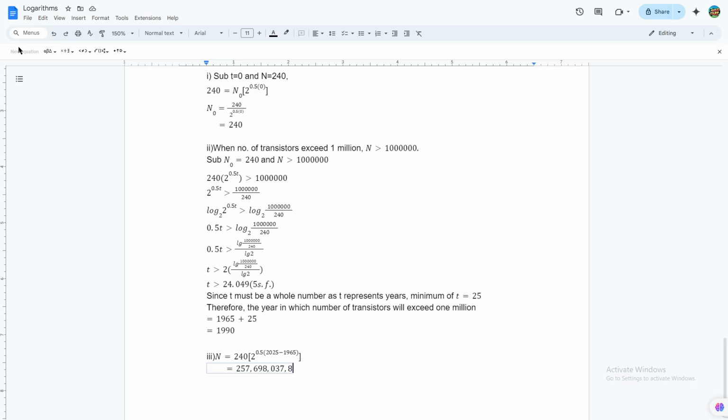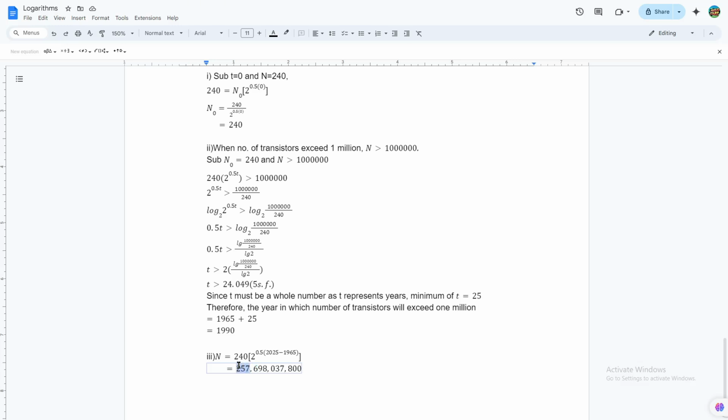So this is our answer, but we need to round it off to the nearest billion. This place is the billionth part, so we just need to see whether 6 is above 5.